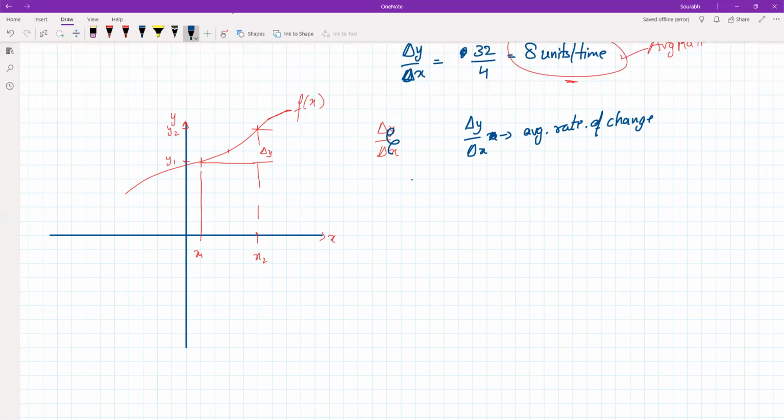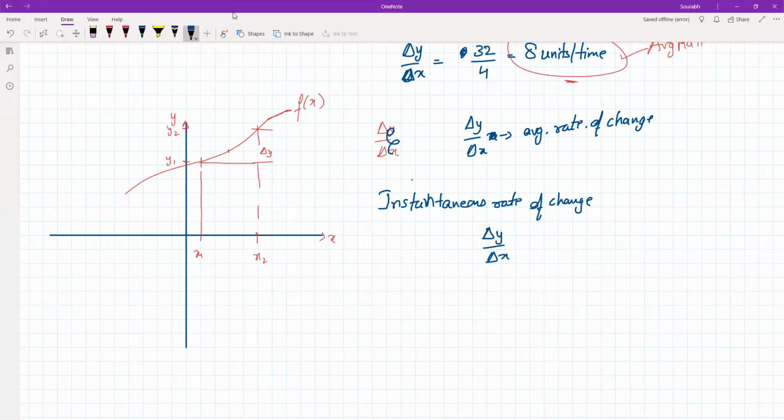So if I want to define instantaneous rate of change, it is actually what? This same delta y by delta x, but for a very small value of delta x.